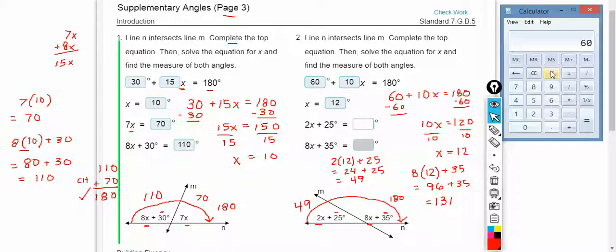Okay, got 8 times 12 equals 96 plus 35 equals 131.